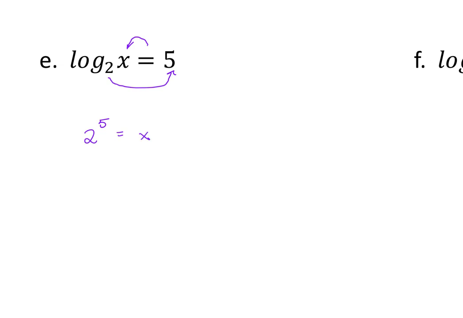If we do 2 to the 5th, we should get 32. We get 2 times 2 is 4, times 2 is 8, times 2 is 16, times 2 is 32, and there are 5 2's, and so we do get 32.